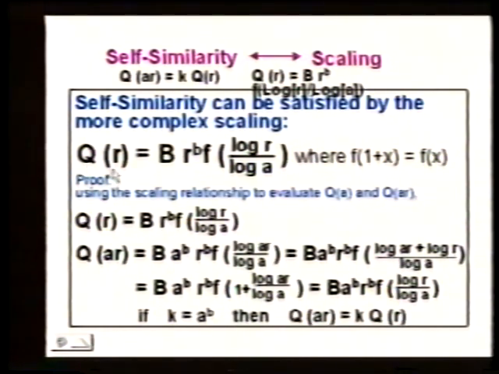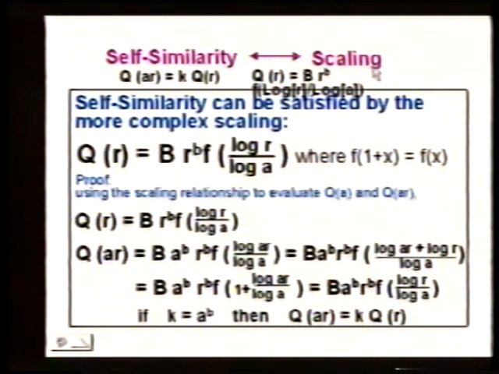This is the more complete form of self-similarity. This says that some property Q is a power law, R raised to some power, times a function. And this function is an oscillatory function, that if we add a certain value to that function, we recover the initial value. So that's all this says. And the function has these logarithms in it. And you can do the same thing here.